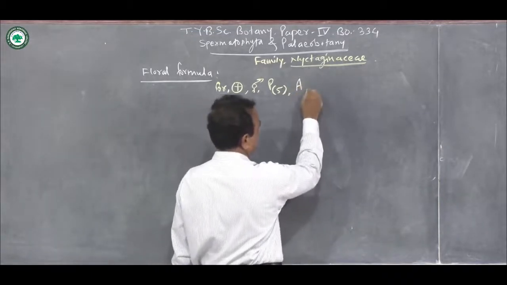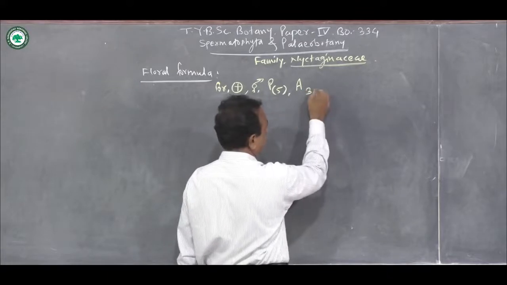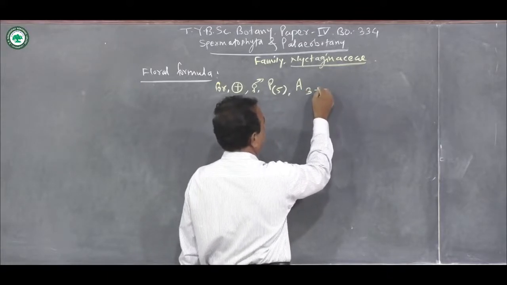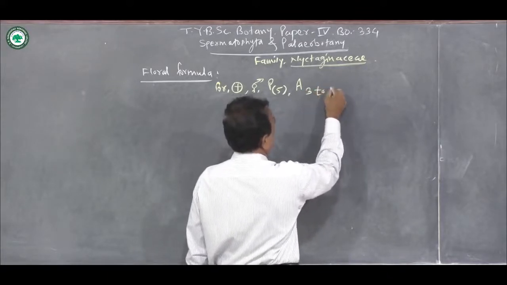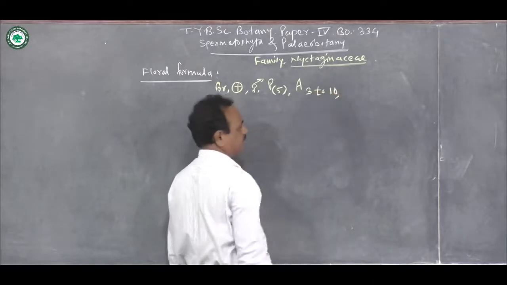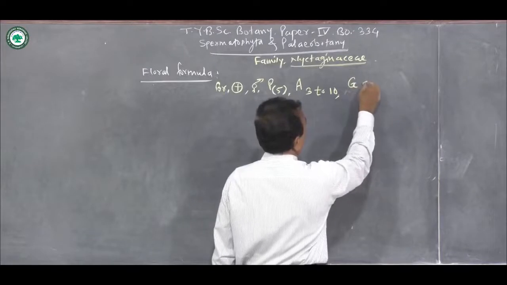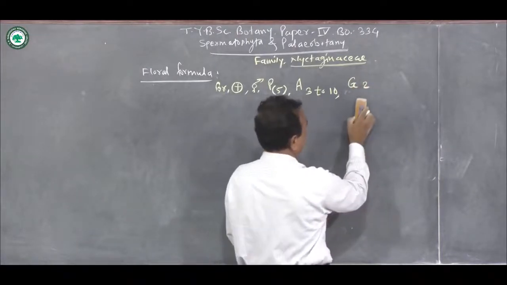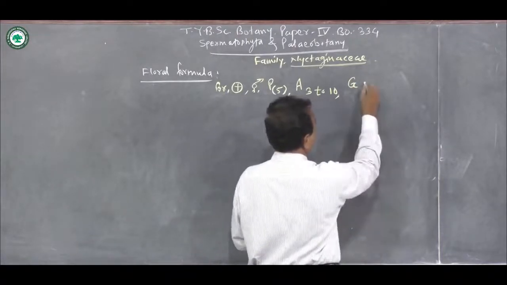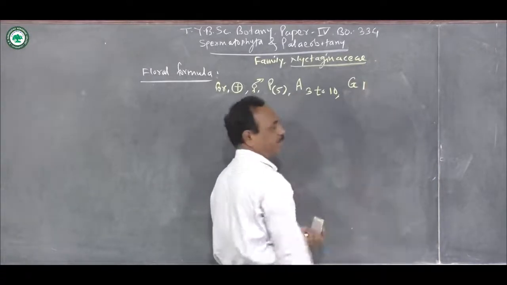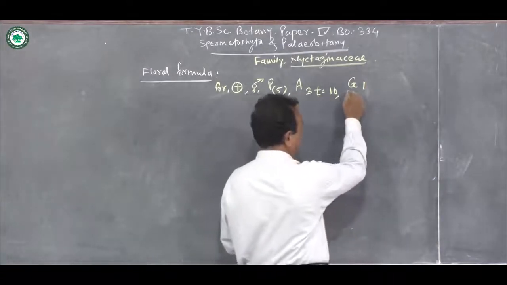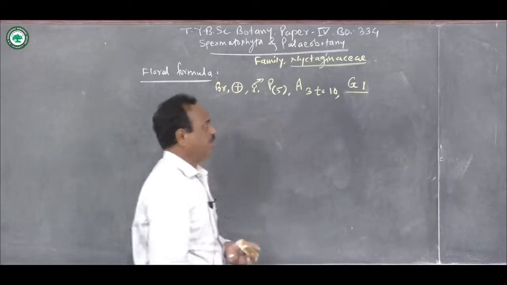Androecium consists of 3 to 10 stamens, and the gynoecium consists of a single carpel, with a superior ovary.